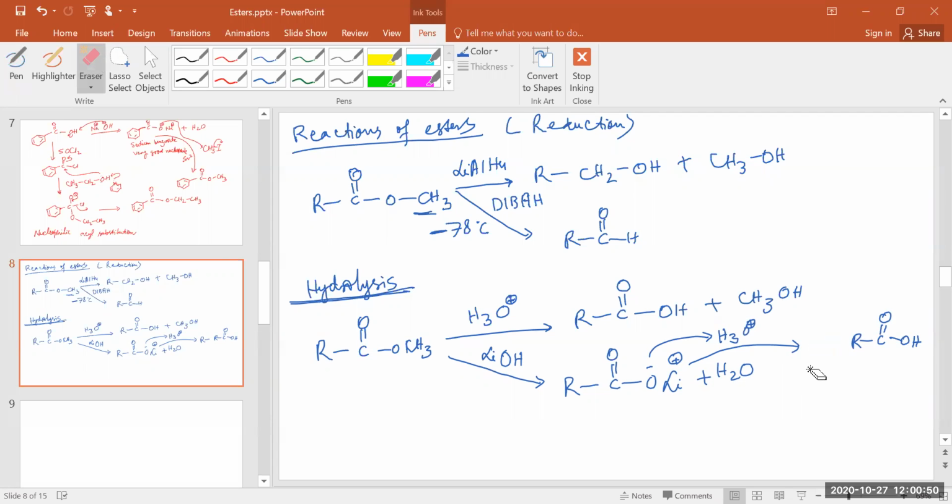Okay, so this is the hydrolysis reaction. Esters can be hydrolyzed to corresponding acids. Okay, any question?